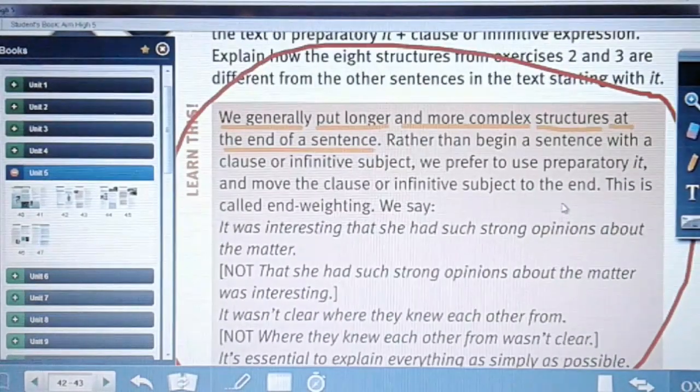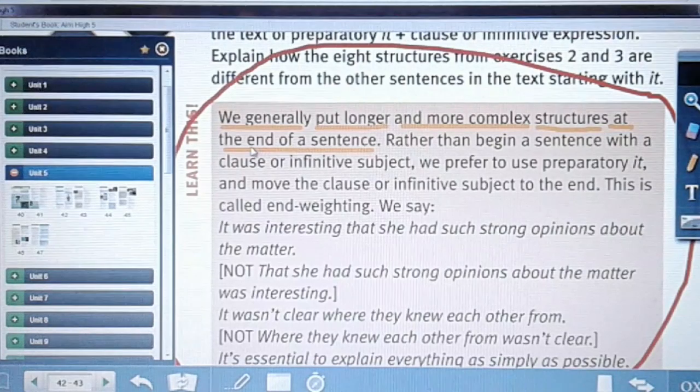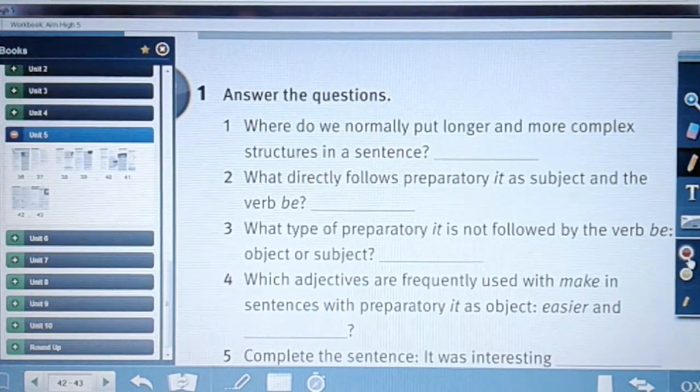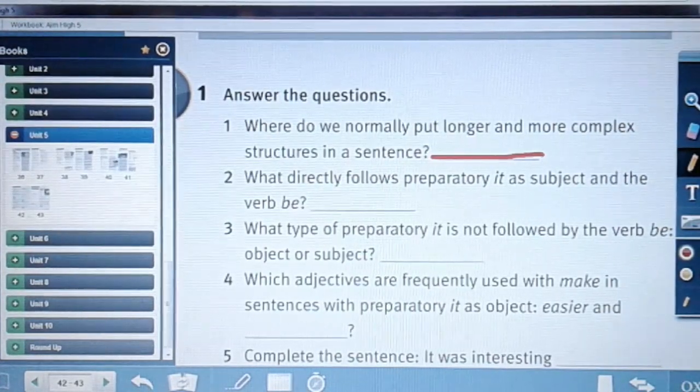So in the learn this box, it is stated that we generally put longer and more complex structures at the end of a sentence. So, where do we normally put longer and more complex structures in a sentence? The answer is at the end. Okay, so write down at the end on this blank space.